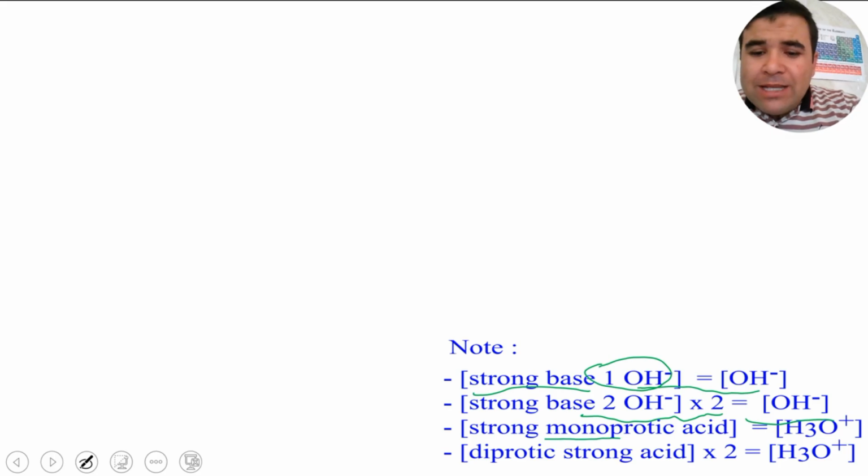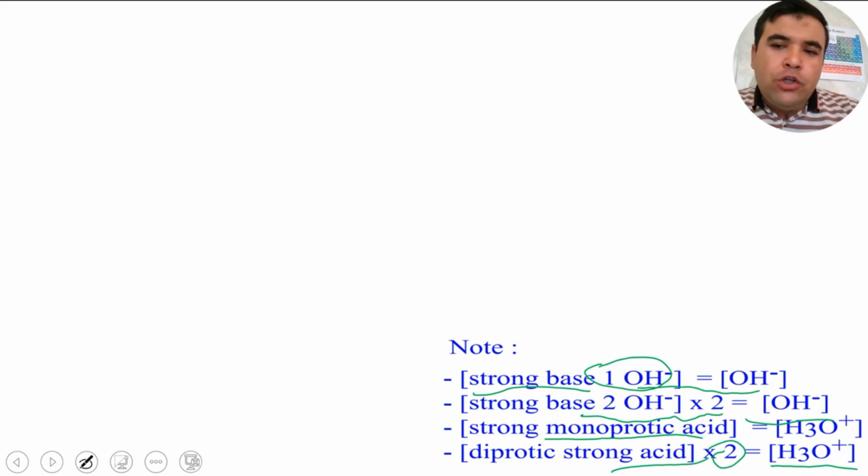If it is a monoprotic acid, like HCl, HBr, or HNO3, we can convert directly into hydronium; they're equal. But if it is diprotic, like H2SO4 or H2CrO4, we should multiply by 2 to get the hydronium, because they produce 2 hydronium.